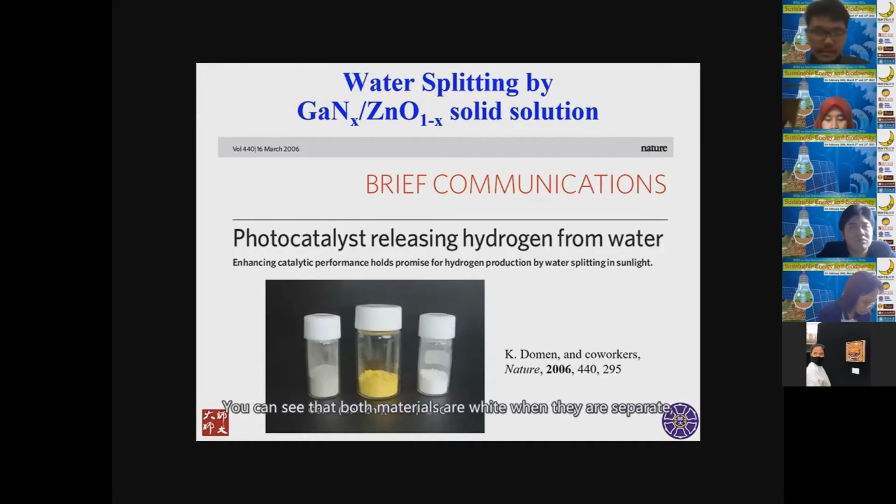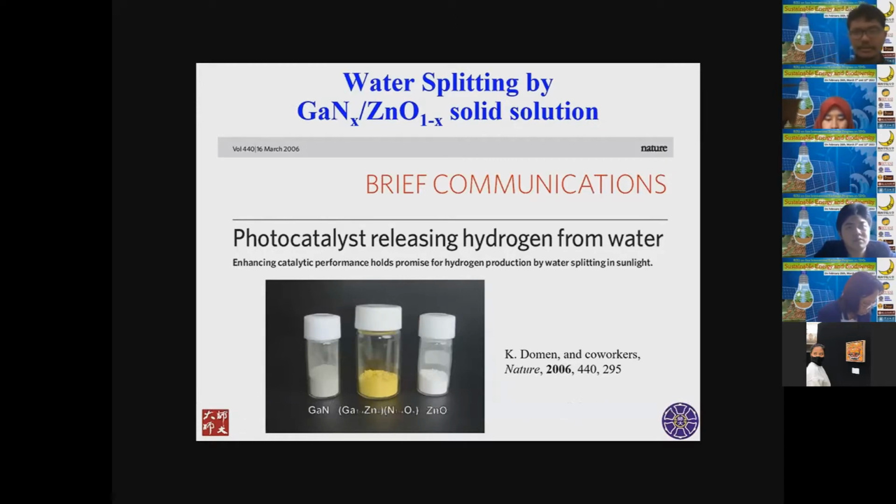You can see that both materials are white when they are separate. But if you mix them in a certain ratio, they will turn yellow, which means the catalyst can absorb violet light.